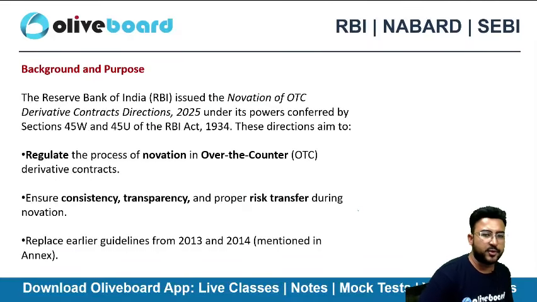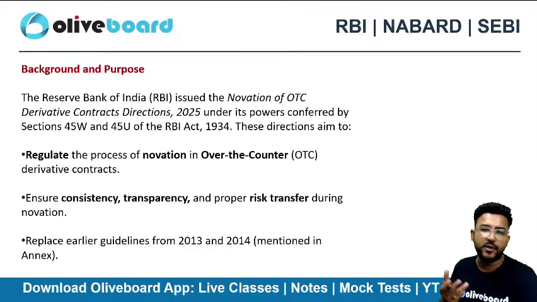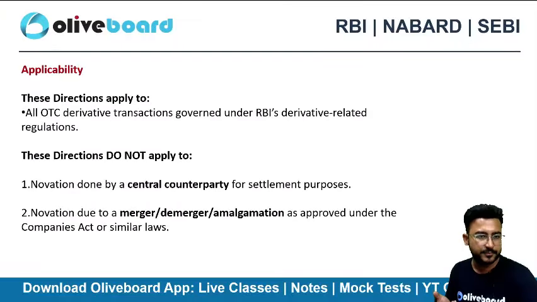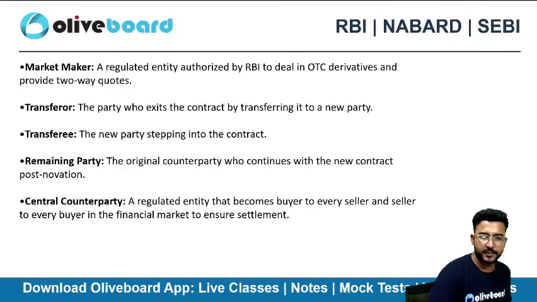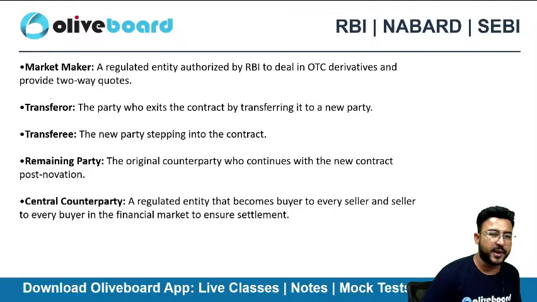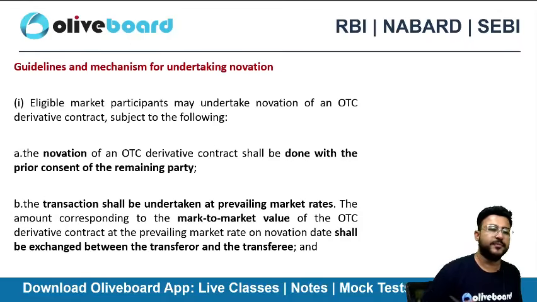Now, what you need to remember here is, first, the meaning of OTC contract, the meaning of novation, right? Then you need to know the meaning of each and every party. What is the meaning of transferor, transferee, remaining party? Okay.